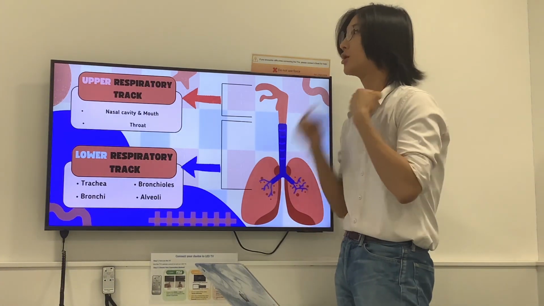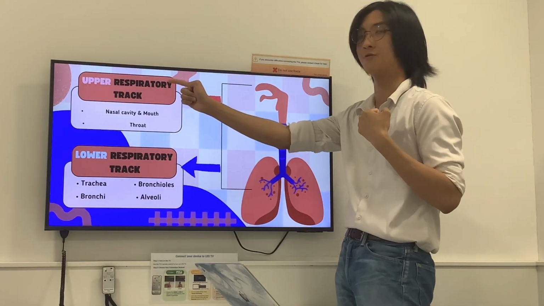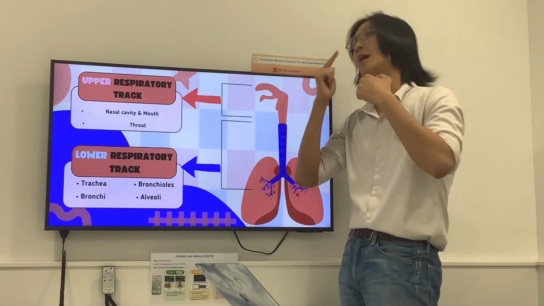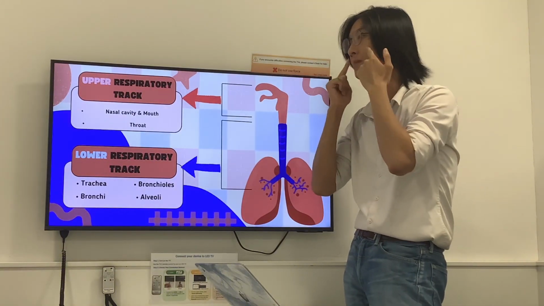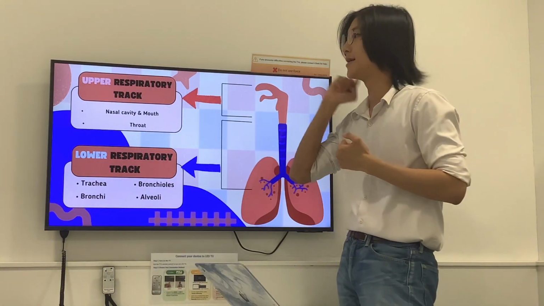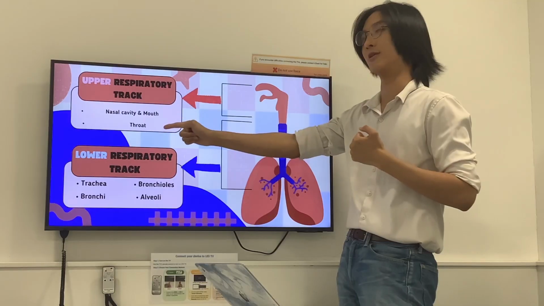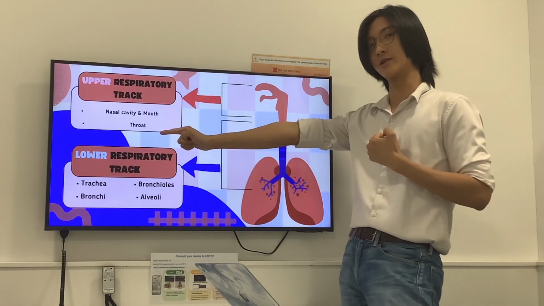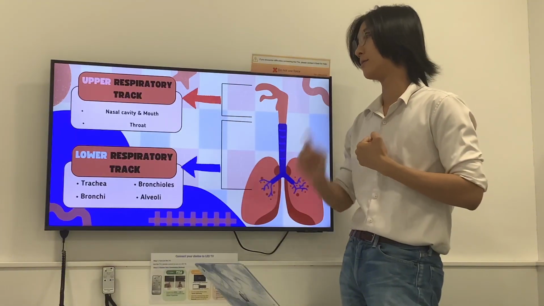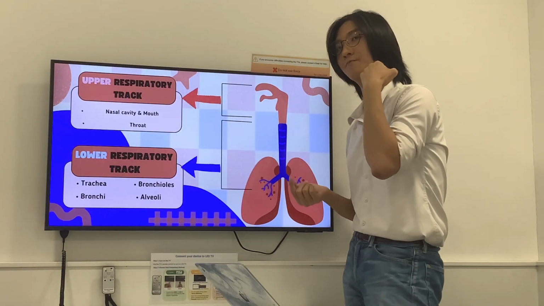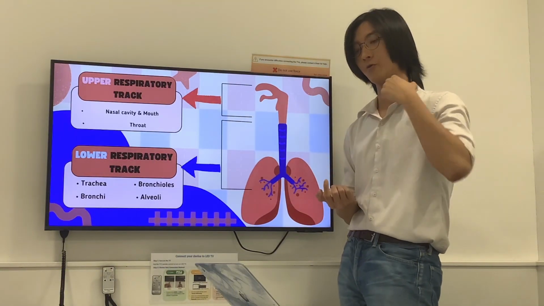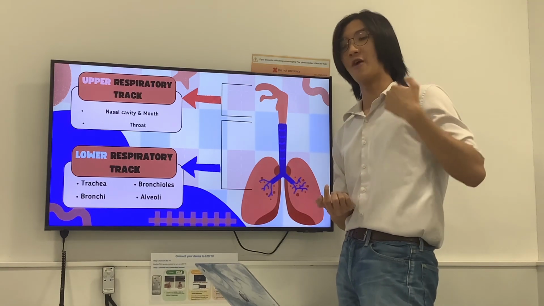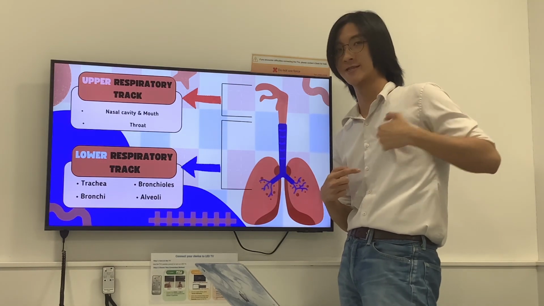The upper respiratory tract has the nasal cavity, which is the nose compartment, the mouth, and also the throat. On the other hand, the lower respiratory tract involves the trachea, the bronchioles, and eventually the alveolus.